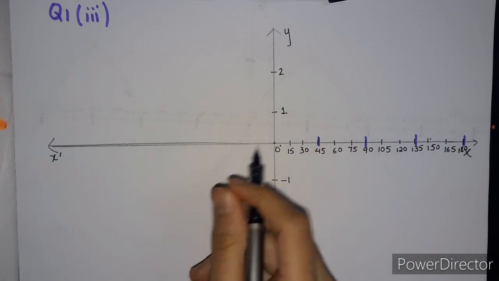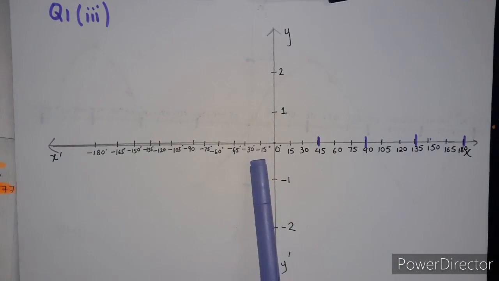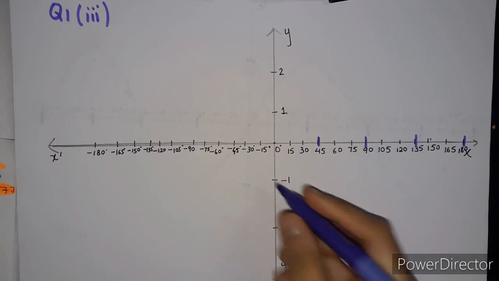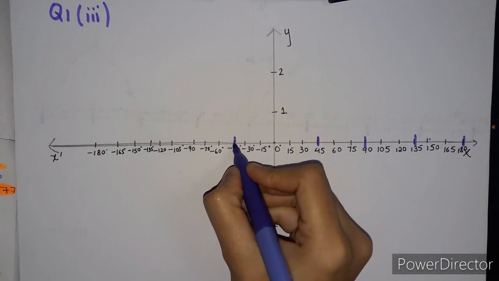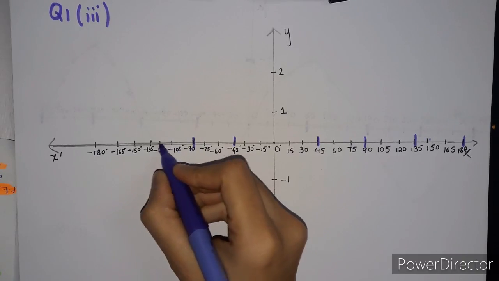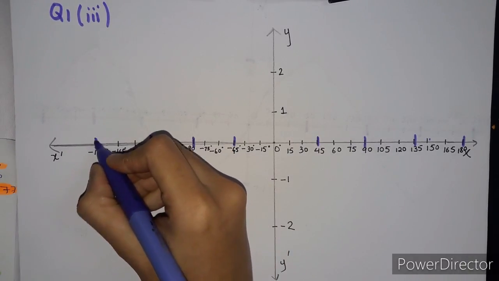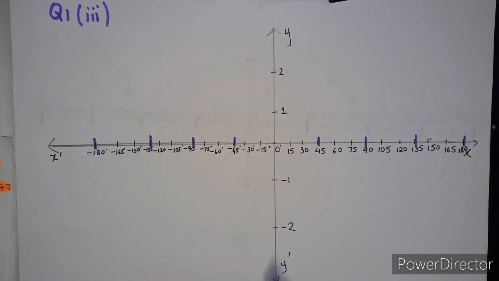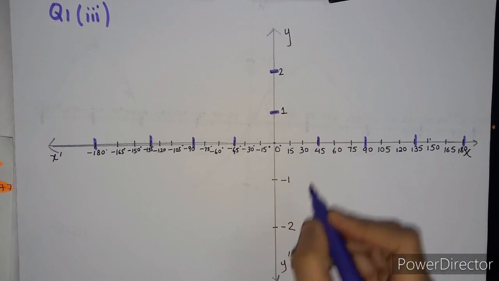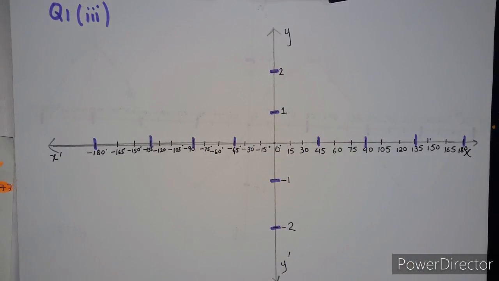Then I will write this and show you. You write the values with the negative sign, then leave 2 points, 1 2, 1 2, 1 2. This is how you will make it, and you can highlight this as well if you want.